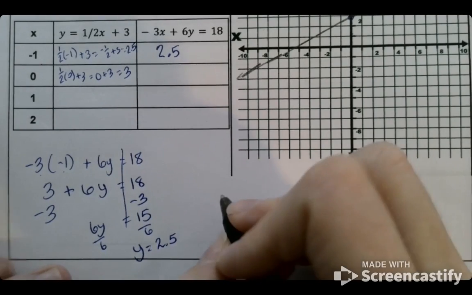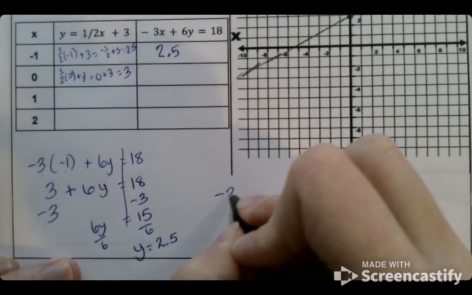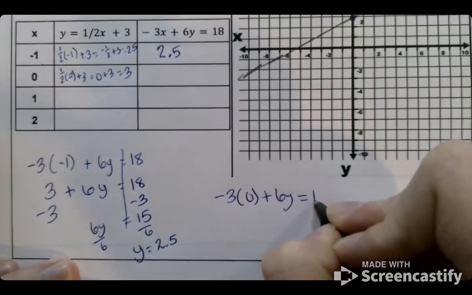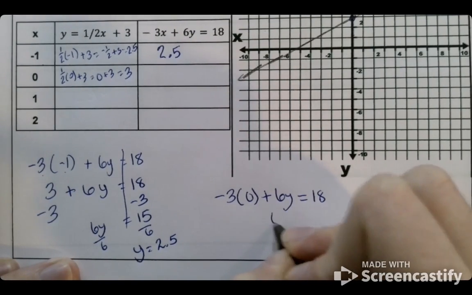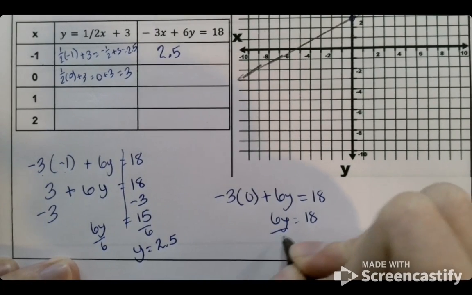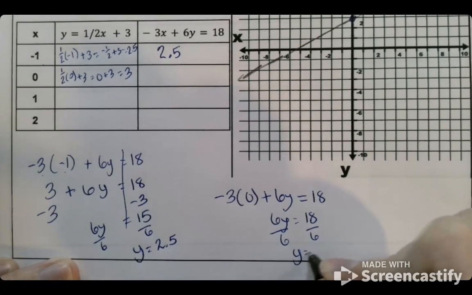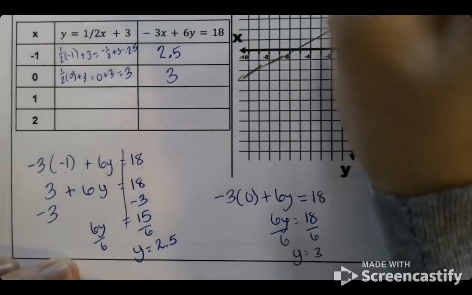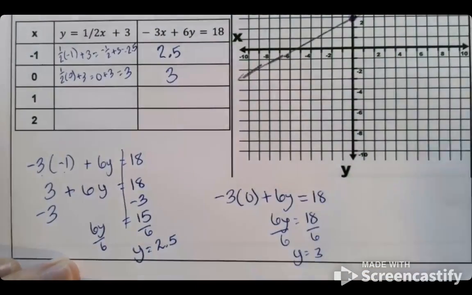So if I do the same thing here, I have -3, and then I plug in 0, plus 6y equals 18. Well, that's 0, so I have 6y equals 18. Divide by 6, and y equals 3. So this one is actually 0, 3 as well. Kind of convenient.